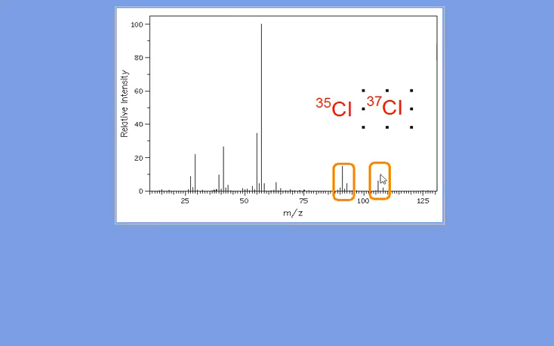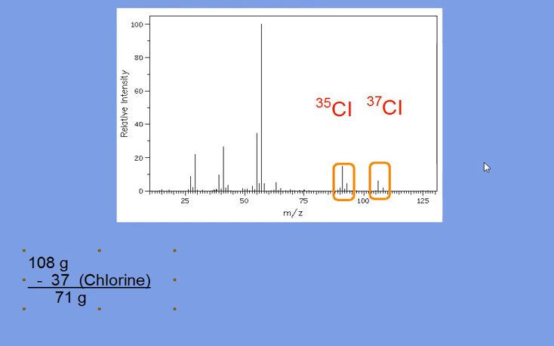When we see that kind of ratio repeated down these mass spectra, it's telling us that there's a halogen, like chlorine in this case. So from that very last peak at 108, we'll use that for our molecular ion peak. And of course we take into account the mass of the chlorine, using the heavier of the two, the 108 rather than the 106. That means it must be the 37 isotope, leaving us with 71 units of mass.